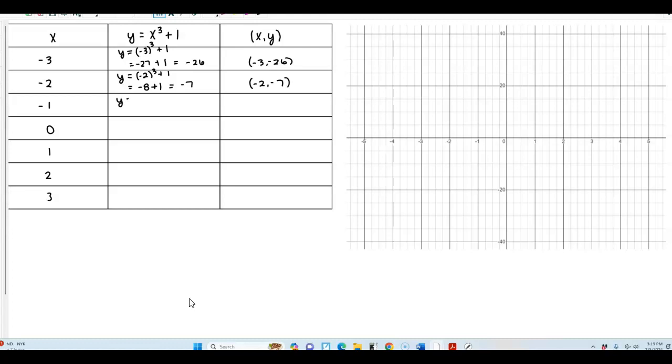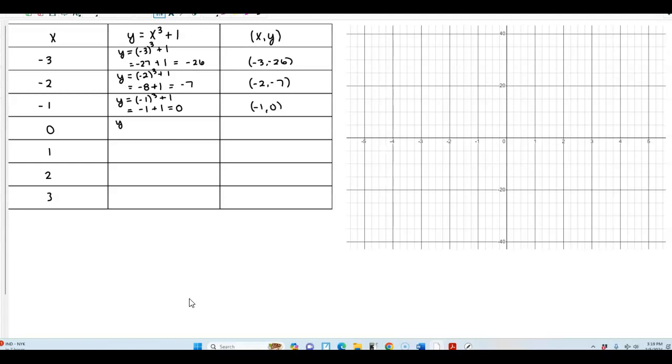Next we're going to plug in -1. So we say -1 cubed plus 1. That's -1 times -1, which is a positive 1, times a -1 is a -1. So -1 plus 1 is going to give us 0. So we get -1, 0.